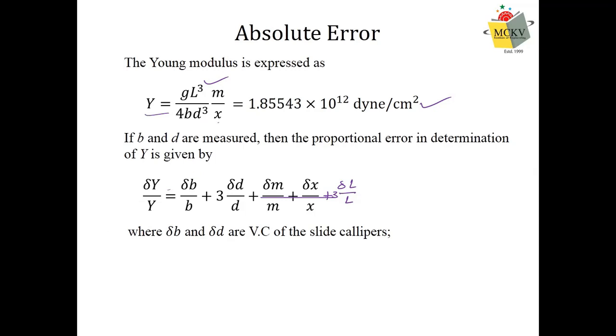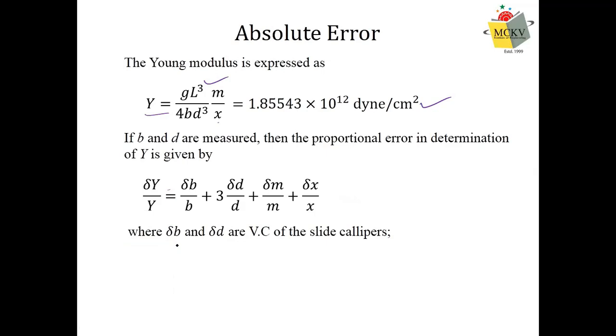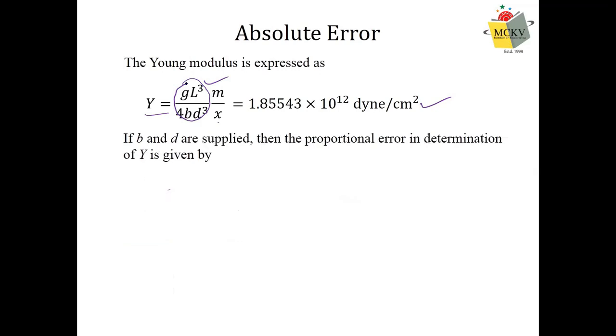But in our case, we are not measuring the length, breadth and depth. They are supplied to us. That means we will treat this whole thing as constant, and the derivative of a constant is 0. Therefore, for our case, when length, breadth and depth are supplied, delta Y by Y is this.